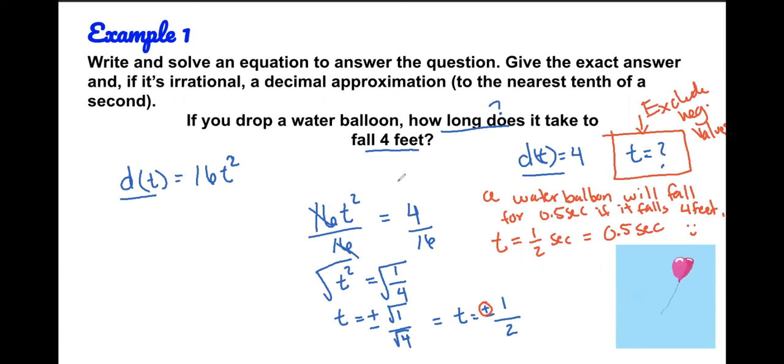So here we were able to use our simple equation, d of t equals 16t squared. We were told that the distance it traveled is 4 feet. We are interested in knowing how long it takes. We substitute the two values or make them equal to each other. Then we simplify by doing the square root method.